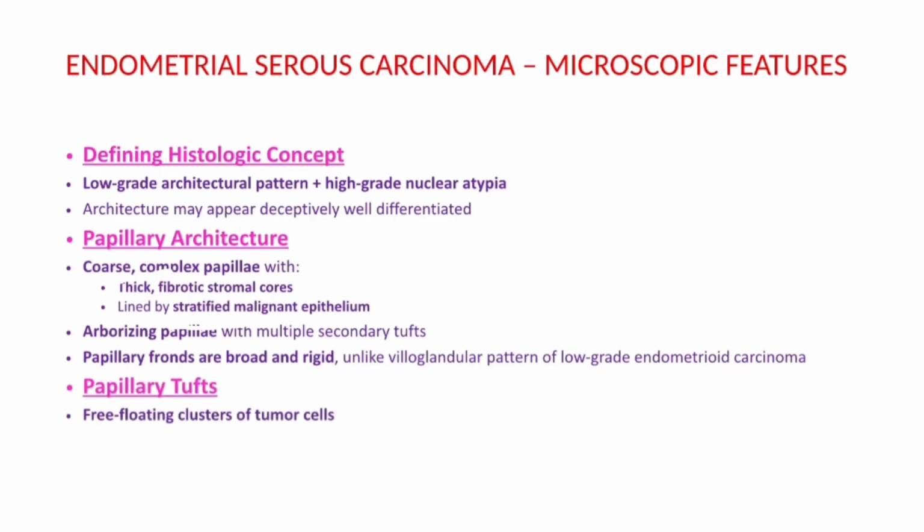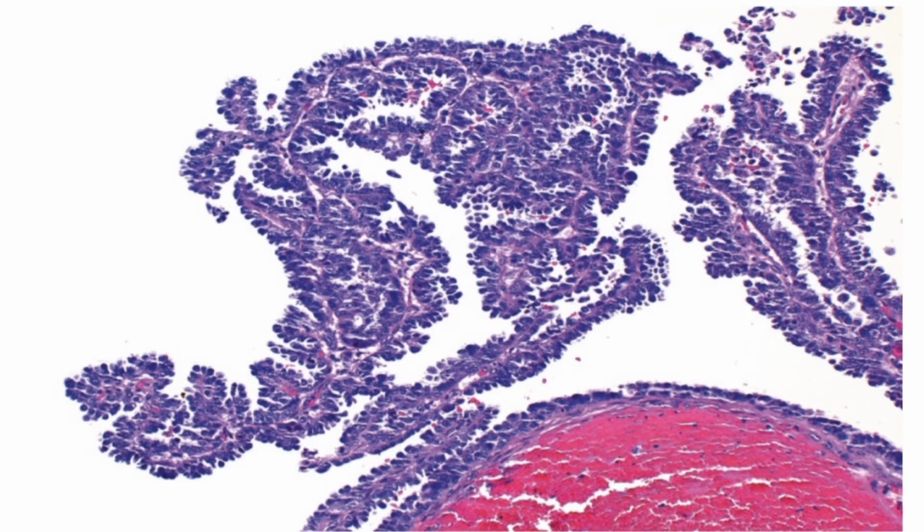And papillary tufts are also present. They are free floating clusters of tumor cells without stromal cores. They represent dense epithelial aggregates of tumor cells. So now here we can see these are the papillary fronts, and this is called arborizing pattern because it is a branching pattern, meaning one papilla is there and it has multiple branches.